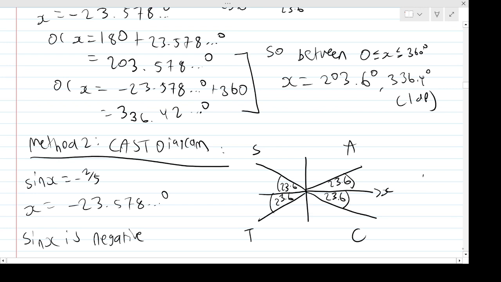That's where this lettering helps us. Sine x is positive here because S is sine. That's why sine is positive in that space. But also here, A means all, so that includes sine, so sine is positive there as well. So when sine is negative, it's going to be these two spaces then.